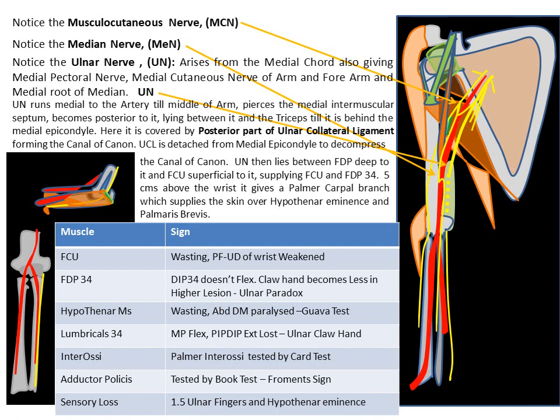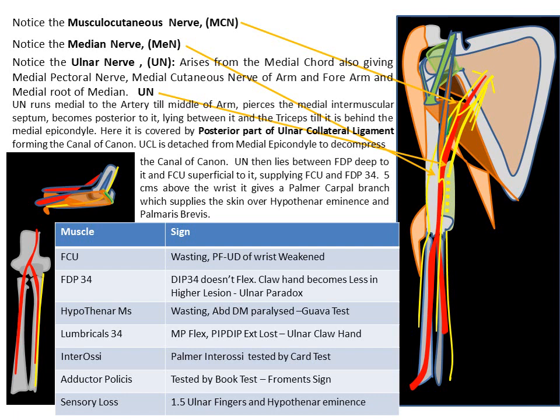Now you notice that the muscles paralyzed in high ulnar nerve paralysis would be flexor carpi ulnaris, which you will recognize by wasting and weakened palmar flexion and ulnar deviation of wrist. The flexor digitorum profundus 3 and 4, which will lead to failure of palmar flexion of the distal interphalangeal joint, and this will make the claw hand deformity less prominent.